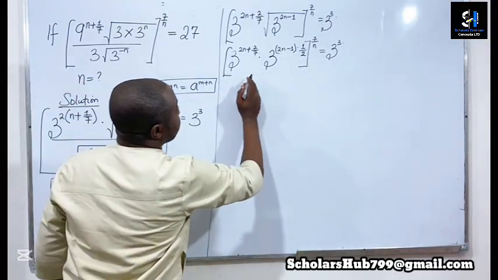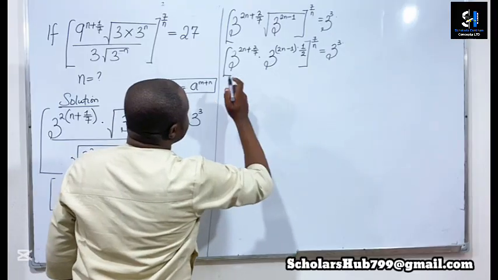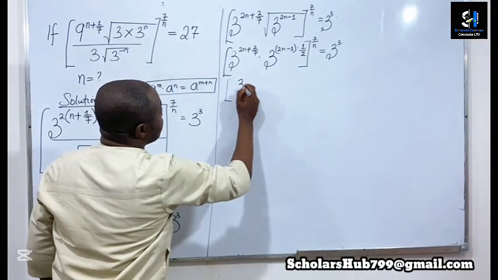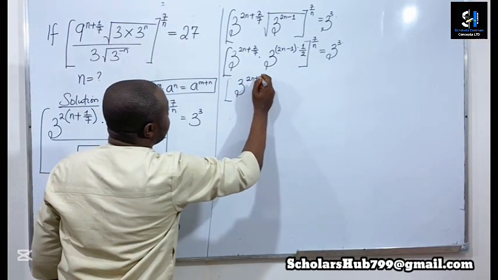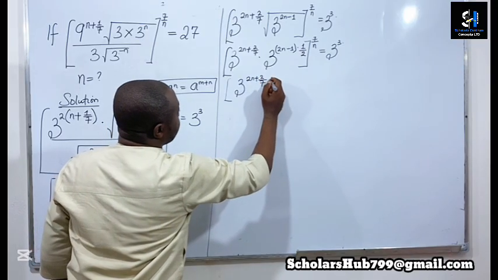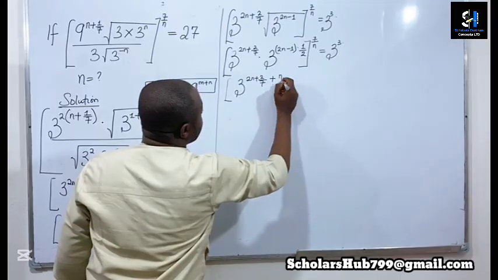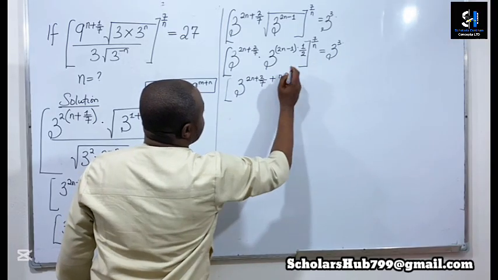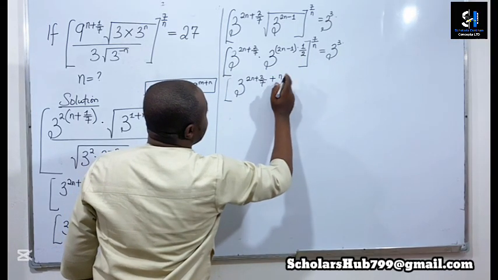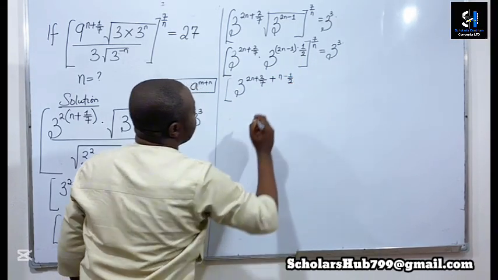So in this case, this will be 3 raised to the power of 2n plus 2 over 7, then plus 1/2 times 2n, that will be n. 1/2 times minus 1, that will be minus 1/2.